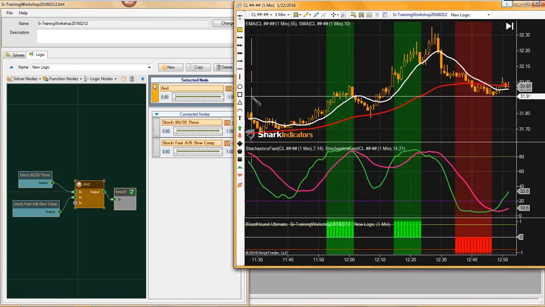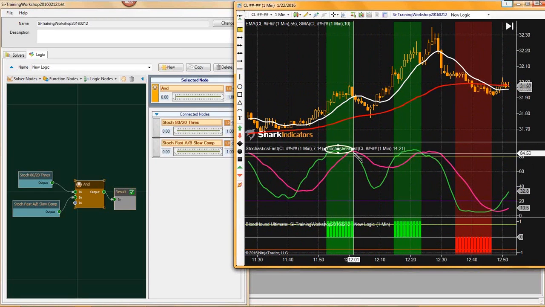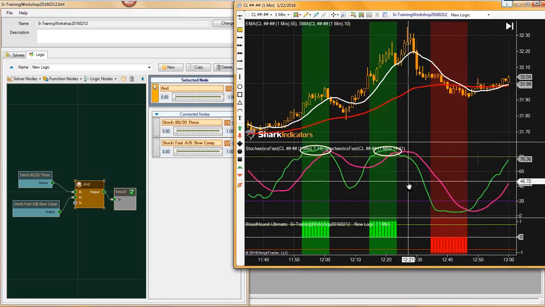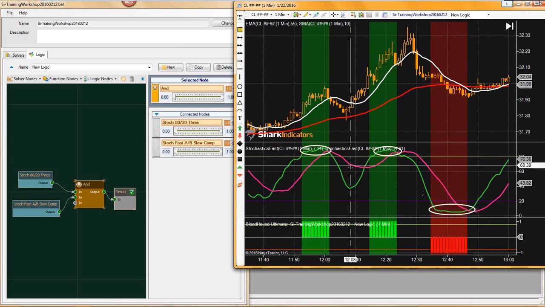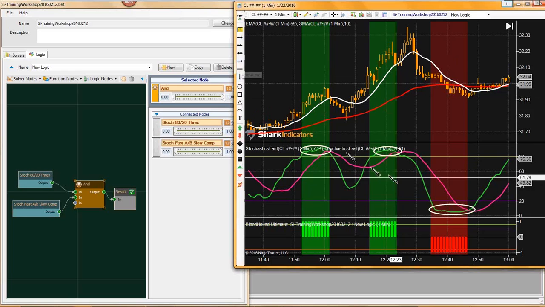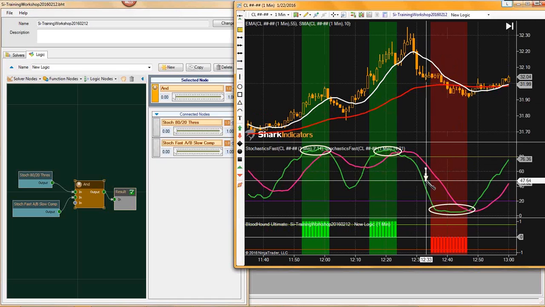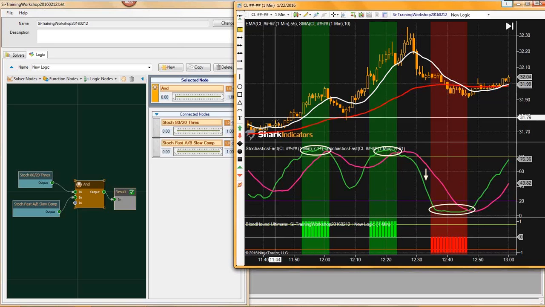Here we go. So there's condition B. I'll use the circles for condition B, and put a couple of arrows on here for condition B.